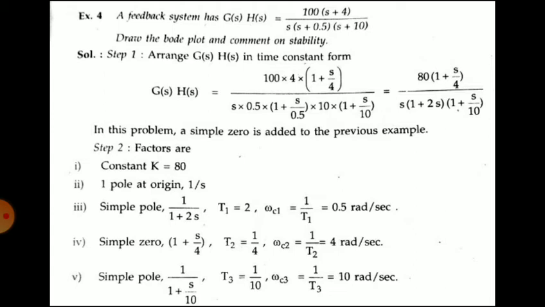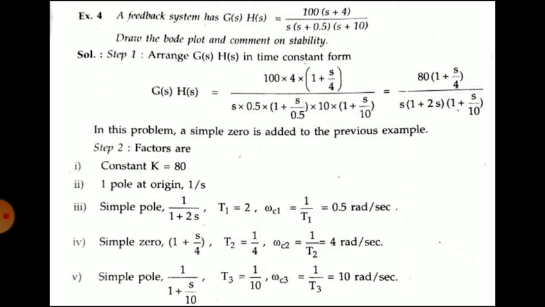Then in the denominator there is a separate s, so it is one pole at the origin, the value being 1 upon s. Then the simple poles: there are two brackets, 1 + 2s and 1 + s/10, so these are the simple poles. Simple pole equal to 1 upon (1 + 2s).